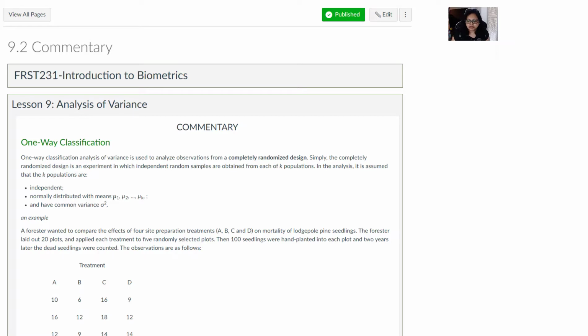And if we calculate the population variance in each of those populations, then the variation among them should be similar. So you can see that we have a common variance. If they're not similar, then we cannot perform one-way classification, that means the analysis of variance.